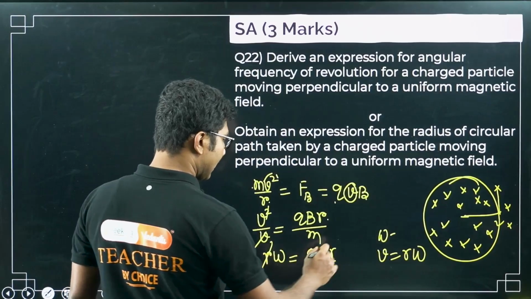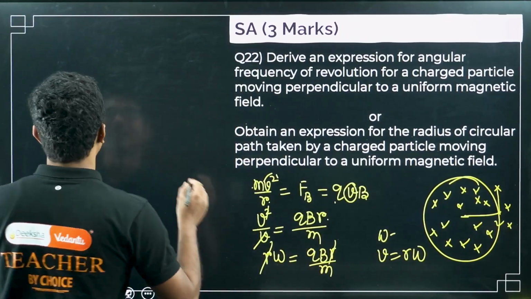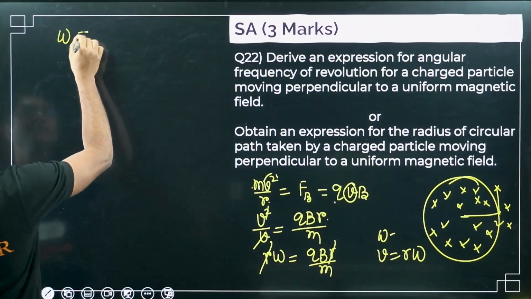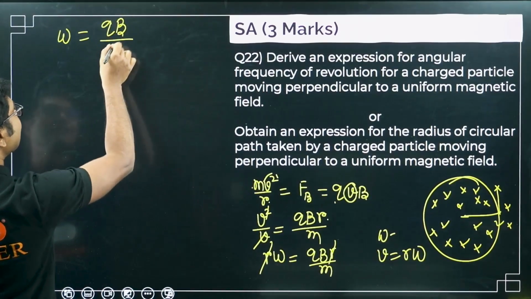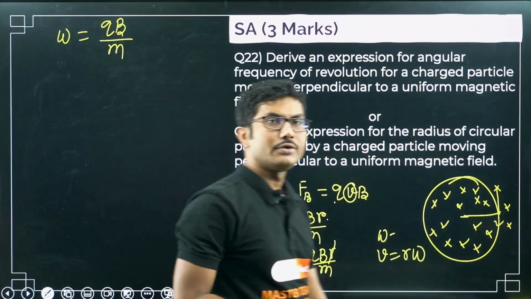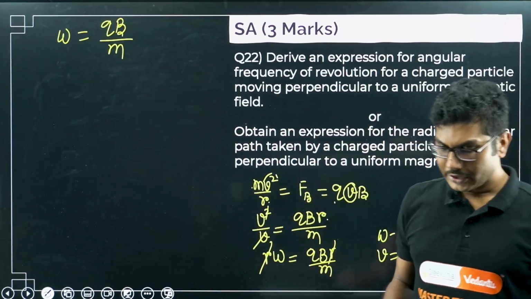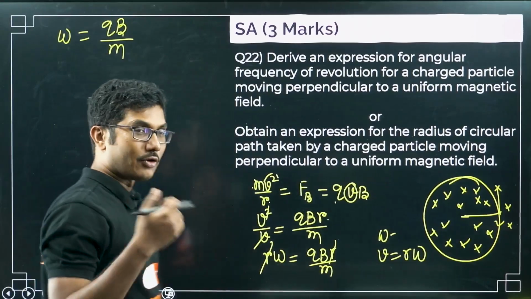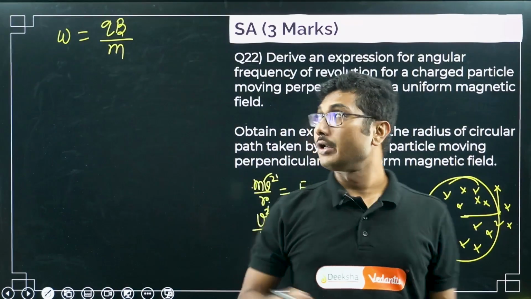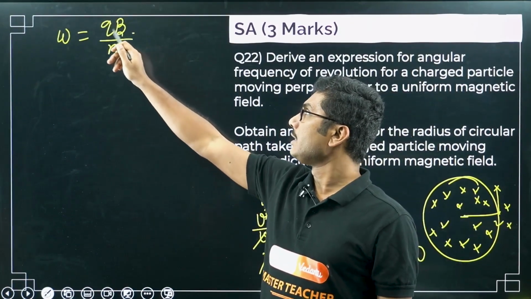Now this r cancels. So we can say angular frequency is qB by m. Now as you can see, this is independent of the radius of the rotation. So even if you change the radius, angular frequency is only dependent on B, q and m.